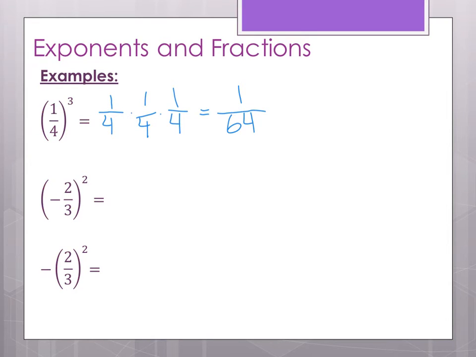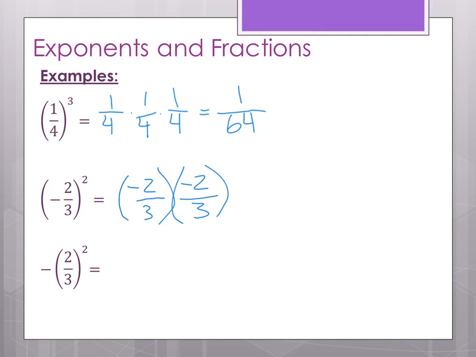So let's see what that looks like when I expand these two. First, we're going to do negative 2/3 twice, because the exponent is 2. So since the negative's on the inside, I carry it both times. Negative 2/3 times another negative 2/3. The negative comes with me both times.